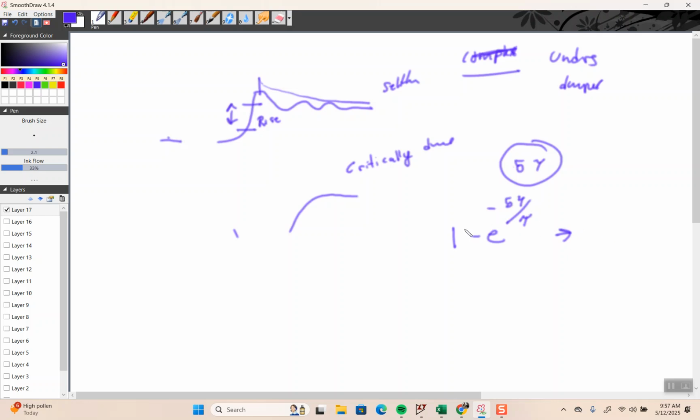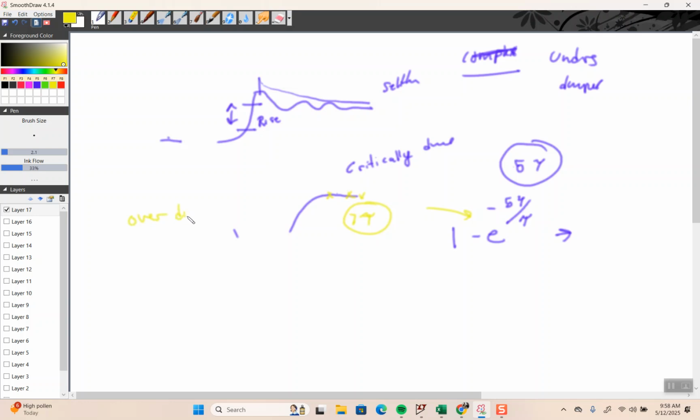So then I just kept picking times until I got to that closeness. And what I found is for a critically damped system, which you had to know it was critically damped, you get 7 tau.